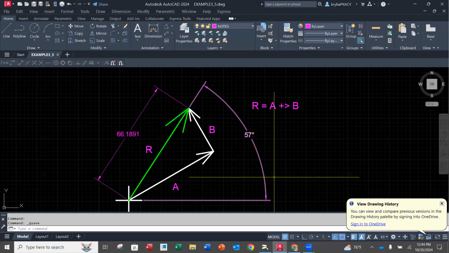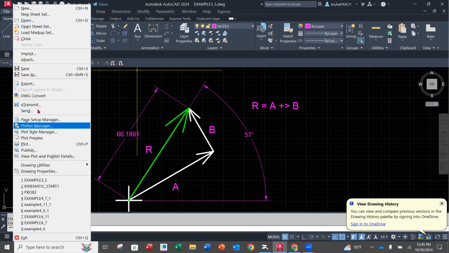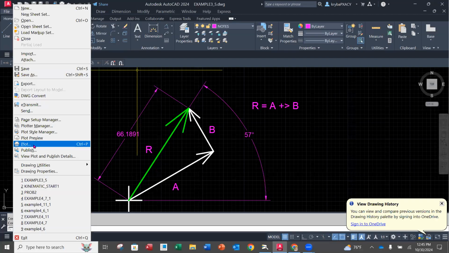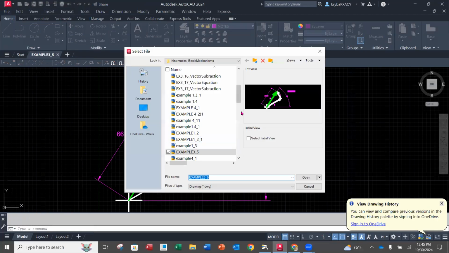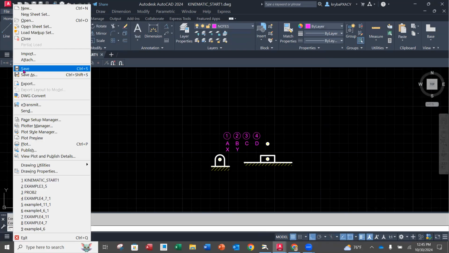You don't have to watch me do each one of these. You saw how to do that one, but we're going to do a new example, a new start file, and then we're going to go through that same process. So go ahead and I'm going to save here first. I'm going to do an open. There we go, open. I'm going to start with that kinematic start file, and I'm going to start by drawing all four of those vectors.